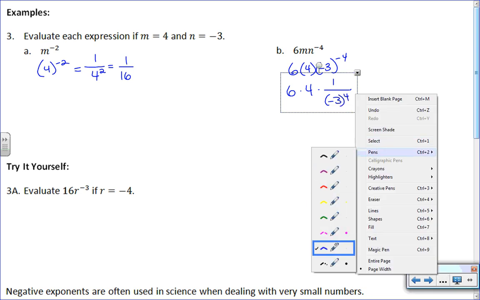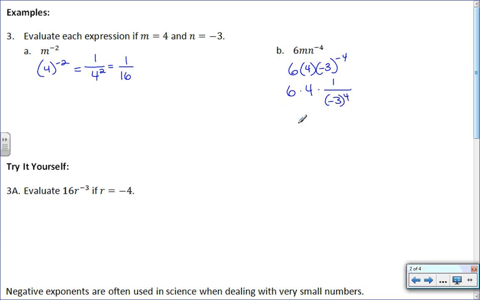Okay, and we know how to multiply numbers. 6 times 4 is 24. And then negative 3 to the 4th. That's negative 3 times negative 3, which is 9, times negative 3, which is negative 27, times negative 3 is positive 81. And we know how to multiply fractions.